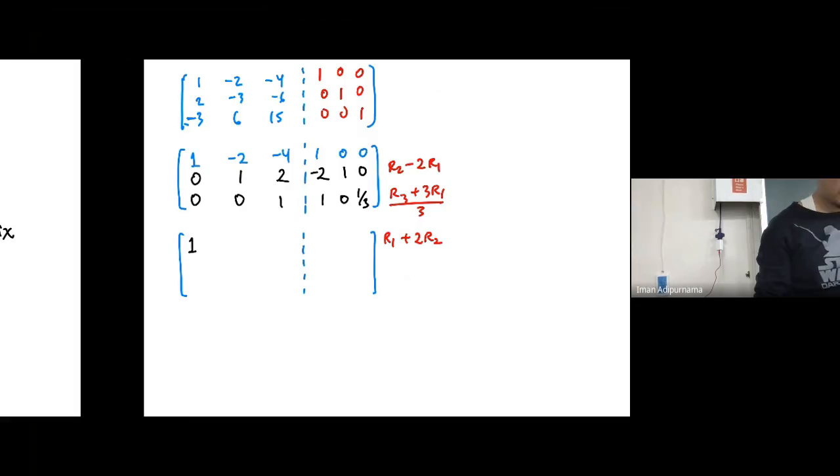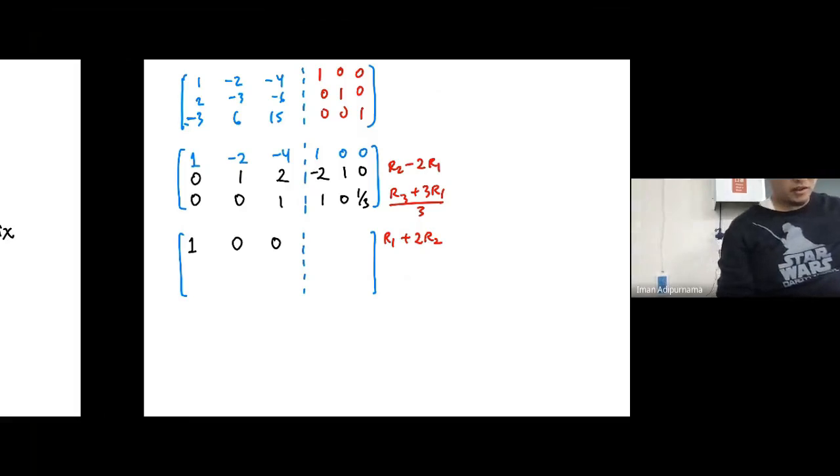So 1, negative 2 plus 2 is 0. Negative 4 plus 4 is 0. 1 plus negative 4, negative 3. 0 plus 2 is 2, 0.